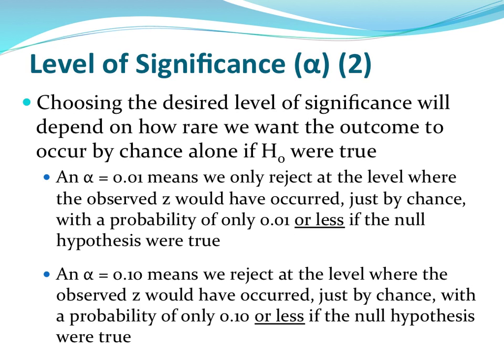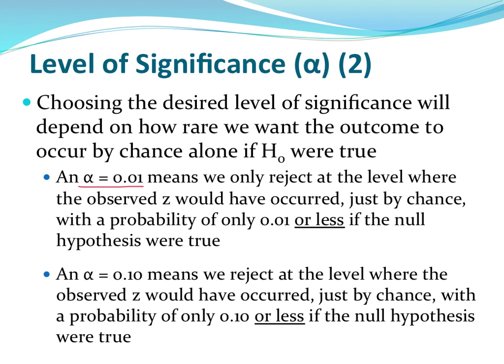If we want a more strict rejection criteria, we might decrease the alpha level to 0.01, meaning we only reject at the level where the observed z and corresponding sample mean would have occurred just by chance with a probability of only 0.01 or less if the null hypothesis were true.